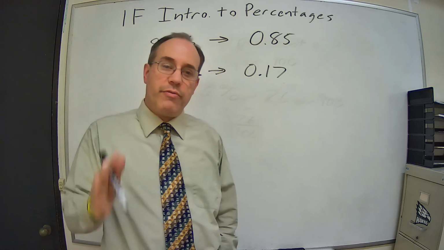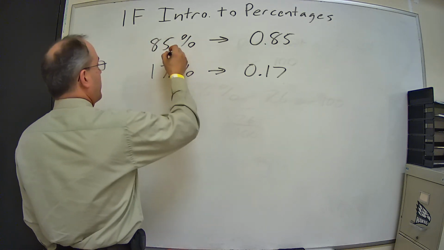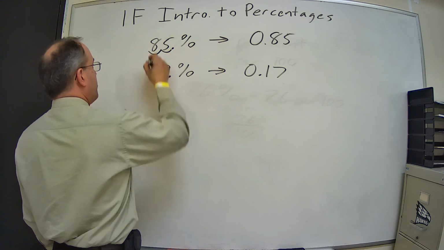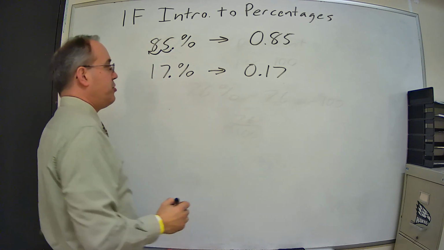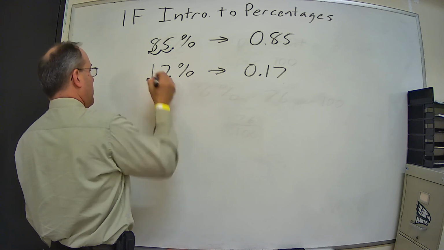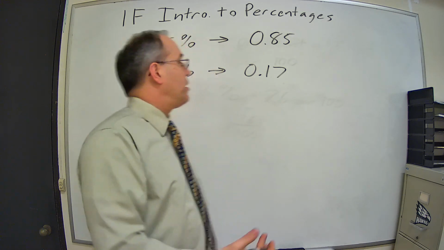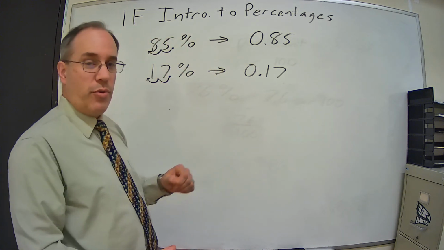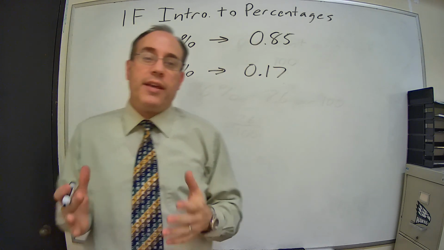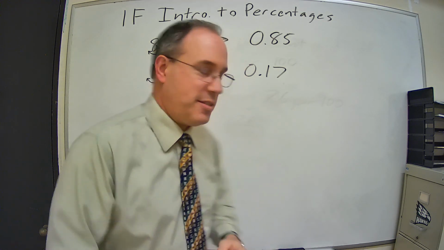So when we're converting a percent to a decimal, we're really moving the decimal point to the left by 2 places, which is the equivalent of dividing by 100. So if we have a percent and we want to turn it into a decimal, we can just move the decimal point to the left by 2 places.